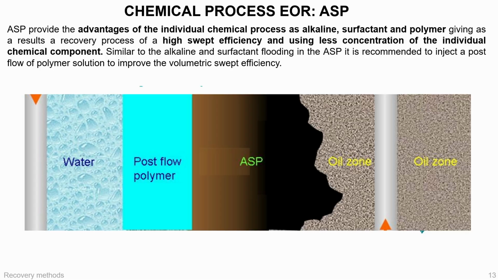The advantage of ASP is synergy. By combining mechanisms, it can achieve higher recovery than using only one component alone. However, the system is also more complex to design and manage.